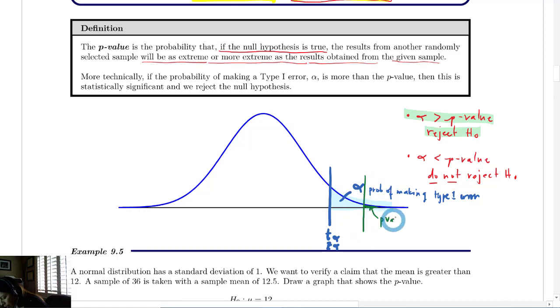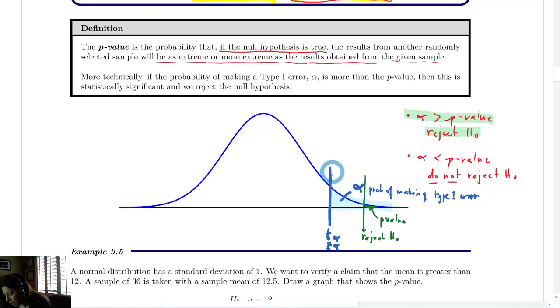So here's the p-value, that's the area, the probability, and if this area is smaller than making a type 1 error, then we can reject the null. So what does this mean, right?